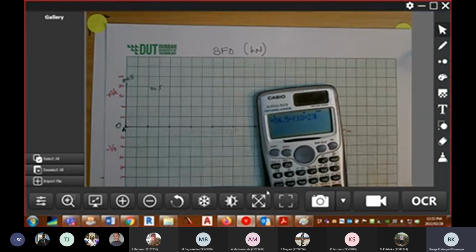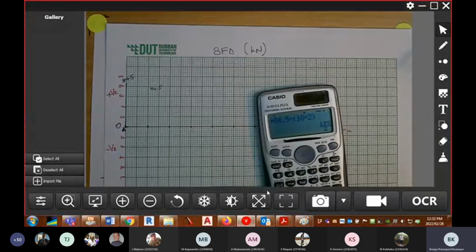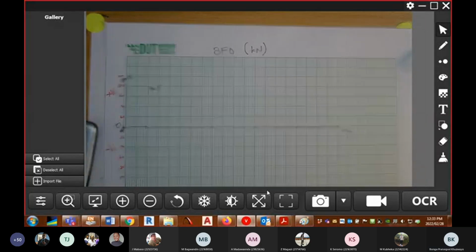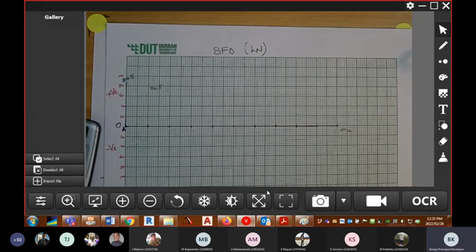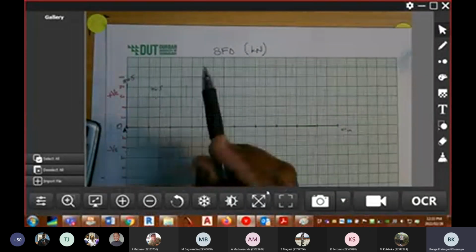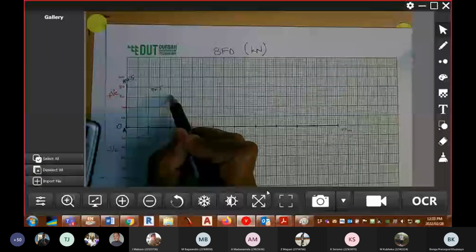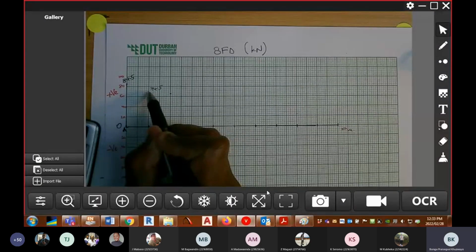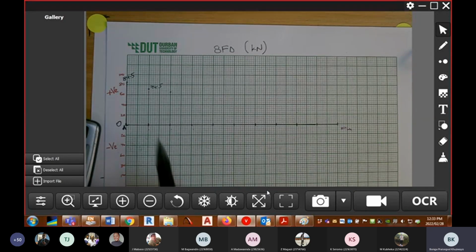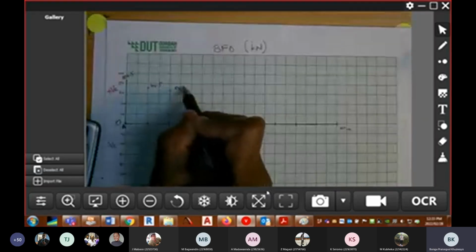Then you get 64.5. So the question is, where is 64.5? In fact, I made a small mistake here, so I need to write this somewhere here. My apologies about that. And then this one is going to be 64.5.